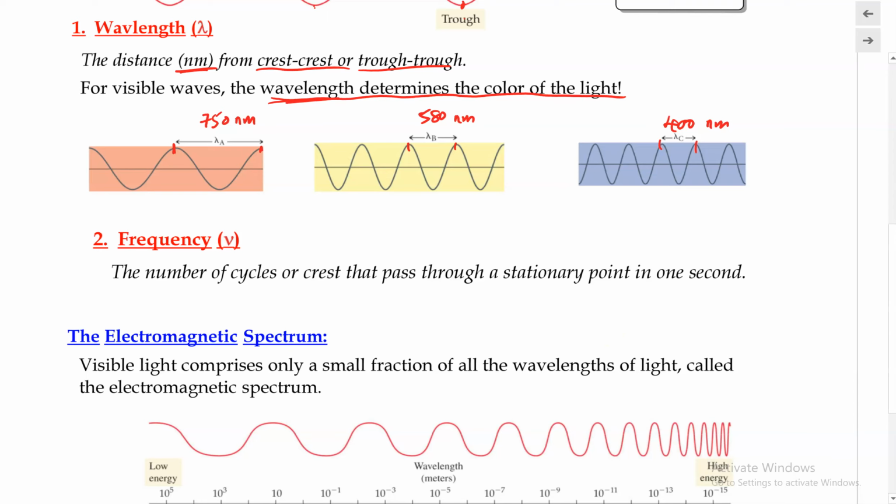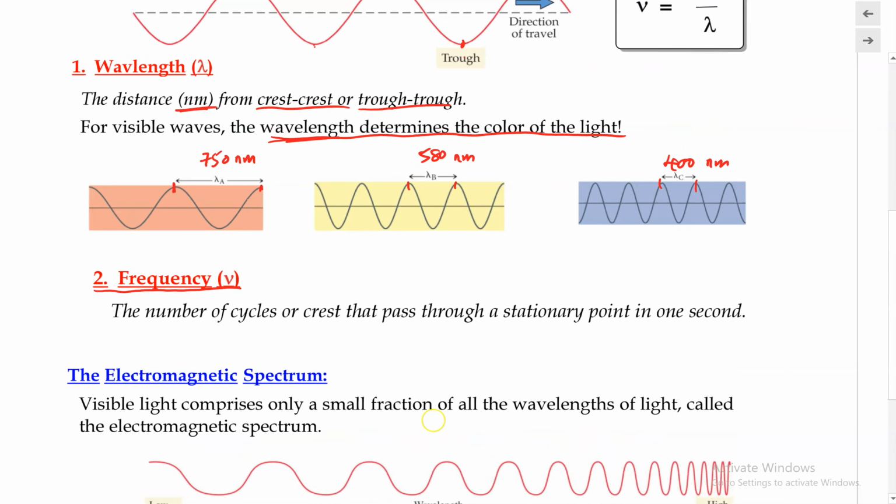The next thing we want to discuss is the frequency of the wave. The frequency is the number of cycles that pass through a stationary point in 1 second. Let's say here is a stationary point. In 1 second, how many cycles of a wave will pass through this stationary point? That is known as the frequency.